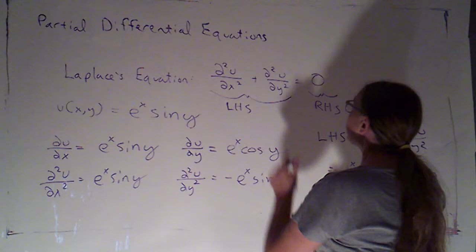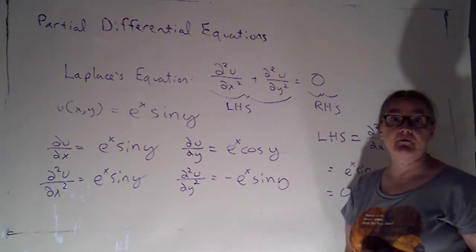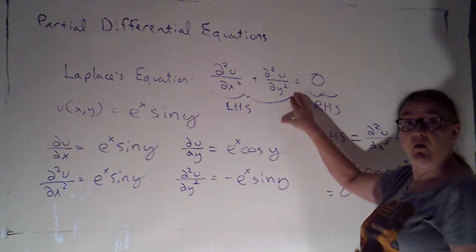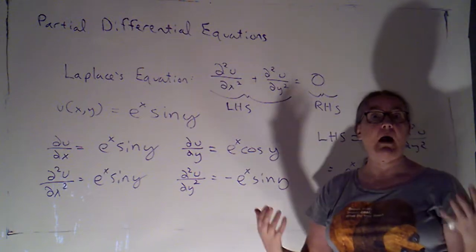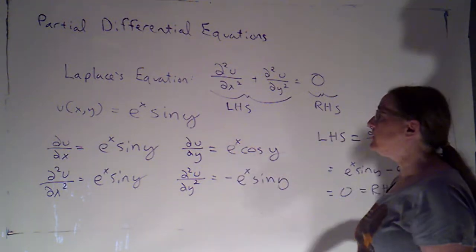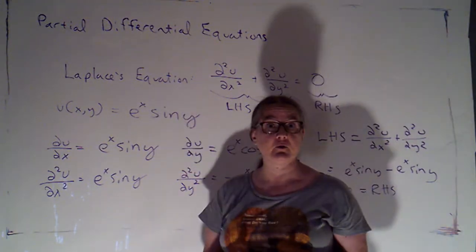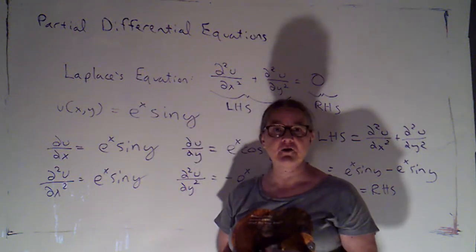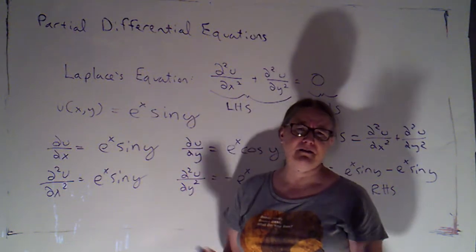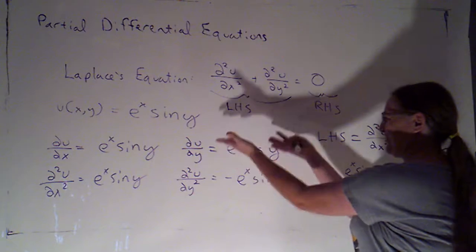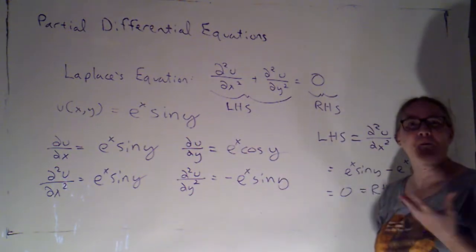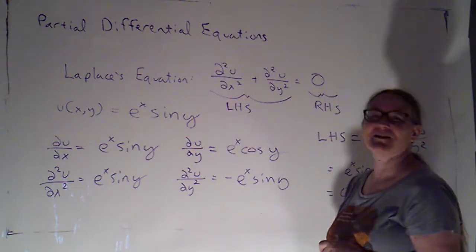Okay. Now, that's the sort of thing you'll be responsible for. Given a differential equation, I'm not going to ask you to go out and solve it, but I could give you a function and ask you, yes or no, is this a solution? And of course, you don't get any credit for the yes or the no. You would get credit for the work that demonstrated why your answer, yes or no, was correct.